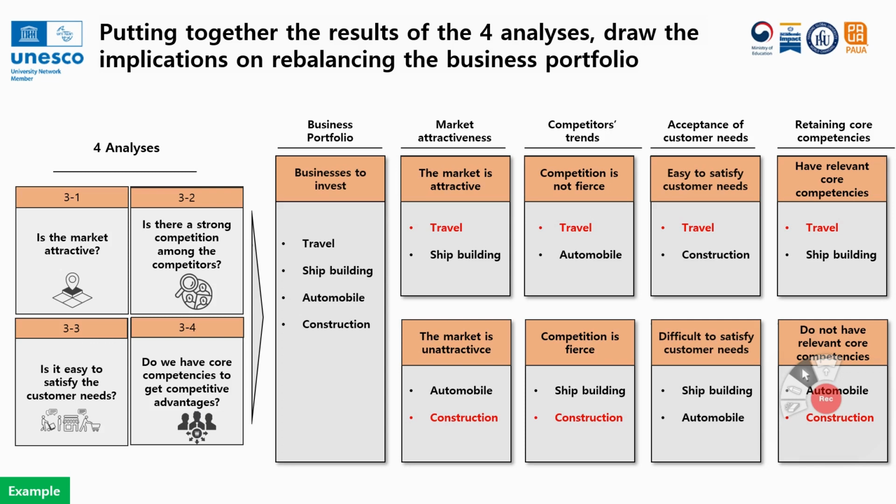Okay, and then based on the second analysis of the competitors, if you look at the competitors' trends and the competition among themselves, in the travel industry and automobile industry, competition is not that fierce. But in the shipbuilding industry and construction industry, the competition is fierce.